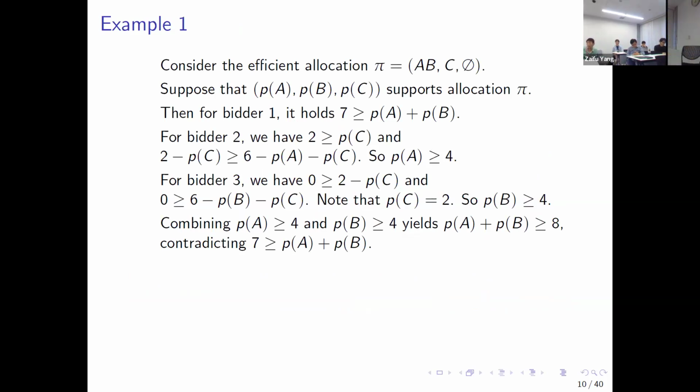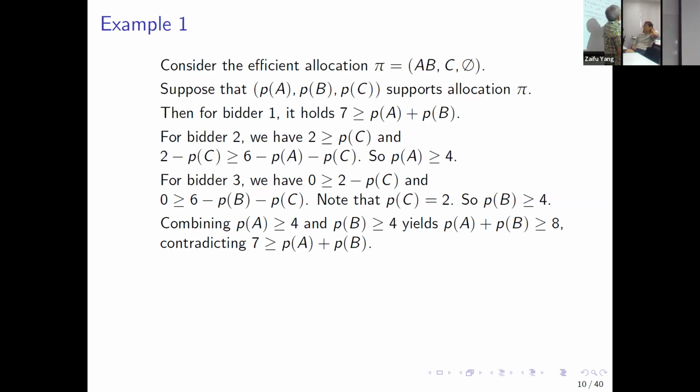Therefore, 2 minus the price should be greater than or equal to taking nothing. And then taking C is optimal, so you compare with the other case, taking A, C together. So then this should be true.